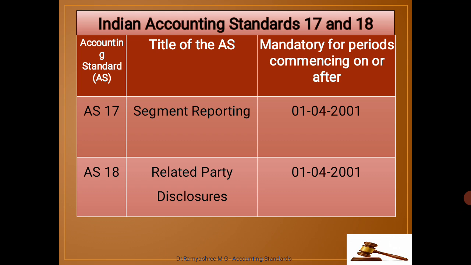The name of the transacting related party, the description of the relationship between the related parties, the description of the nature of the transaction, the value of transactions either as an amount or as an appropriate proportion, any other elements of the related party transactions which are necessary for understanding of the financial statements, the amounts or appropriate proportion of outstanding items pertaining to related parties at the balance sheet date, and the provision for doubtful debts due from such parties at that date.